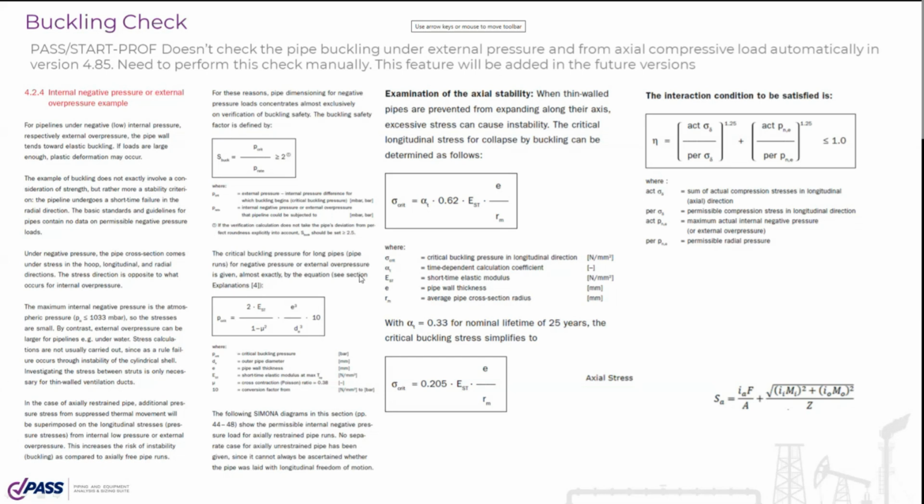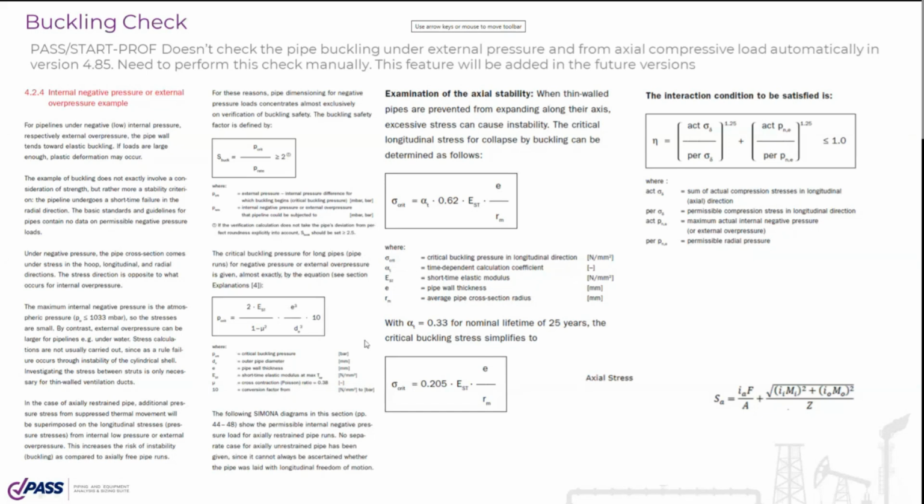Also, we should check the buckling caused by the axial compressive load. For example, if you have a very long buried pipeline, it will be compressed due to thermal expansion, and it can buckle due to a high axial compressive load.